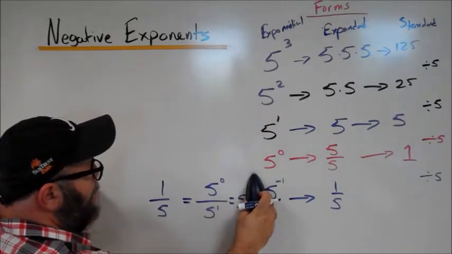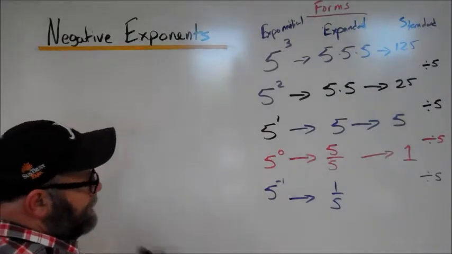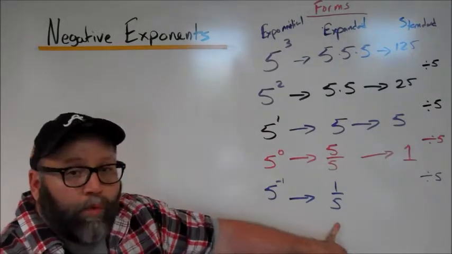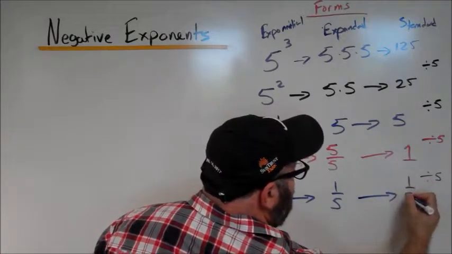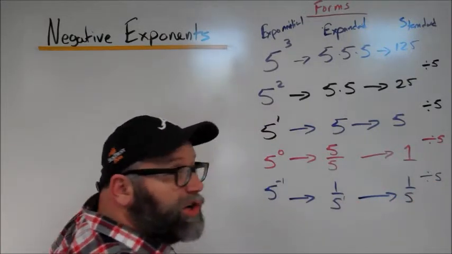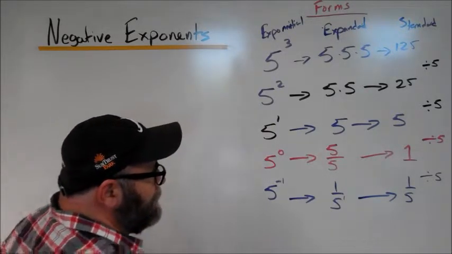So 5 to the negative 1, let me leave that there for a second. 5 to the negative 1 is equivalent to 1/5, which is 1/5, or 5 to the first. Let's divide by 5 again.